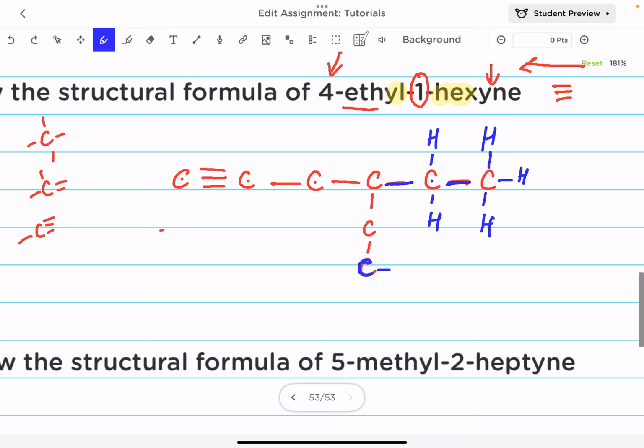Now this one, 1, 2, 3, and 4. This one over here, 1, 2, 3, and 4. This one, 1, 2, 3, 4. This one here, 1, 2, 3, and 4. This one, no more bonds, 1, 2, 3, 4, and this carbon, only 1.